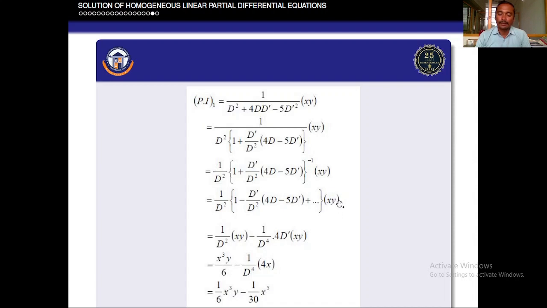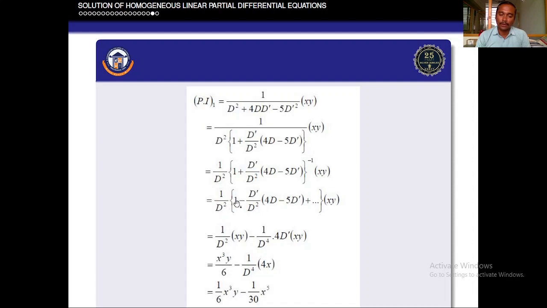So the value exists for the terms 1 and D' only. Since the second derivative of y is 0, there is no need to consider the higher derivatives of y, that means second or higher order derivatives. Here I am considering the 1 and D' terms only.